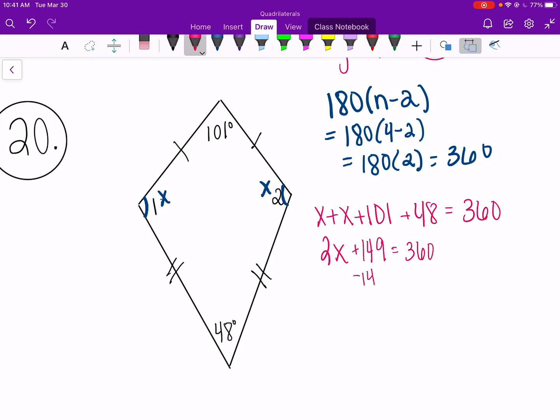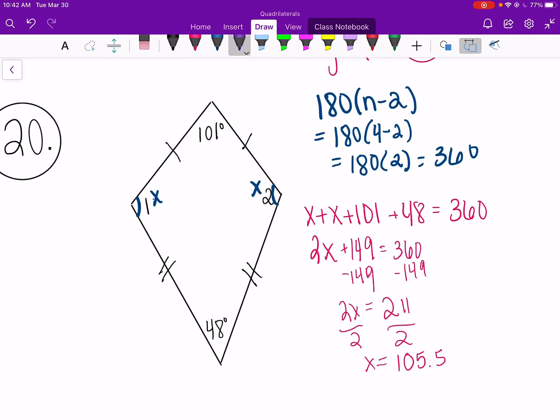If we subtract the 149 from both sides, we get 2x is equal to 211, and then we divide by 2. So x is equal to 105.5, meaning both angle 1 and angle 2 are 105.5.